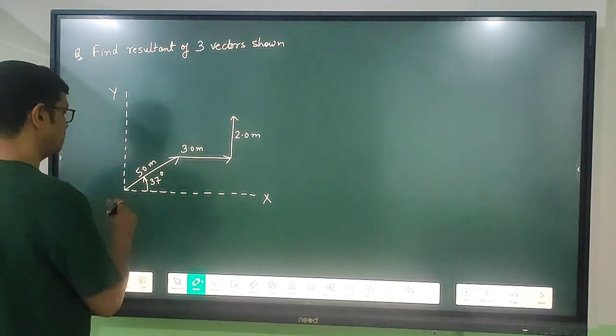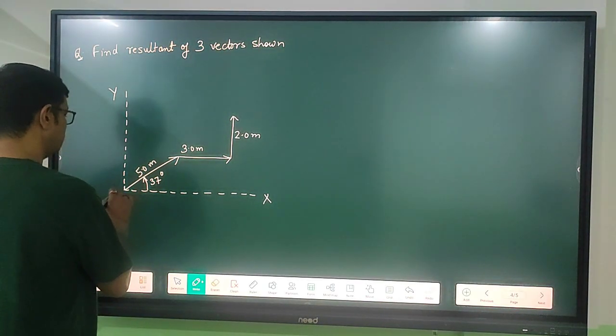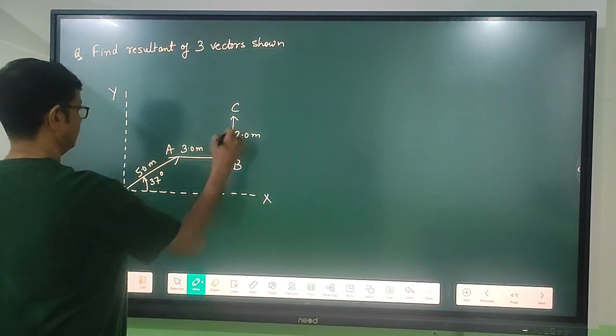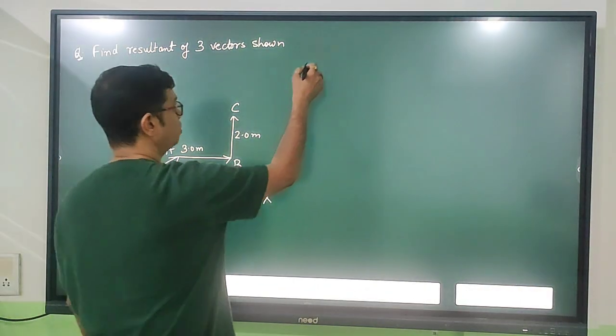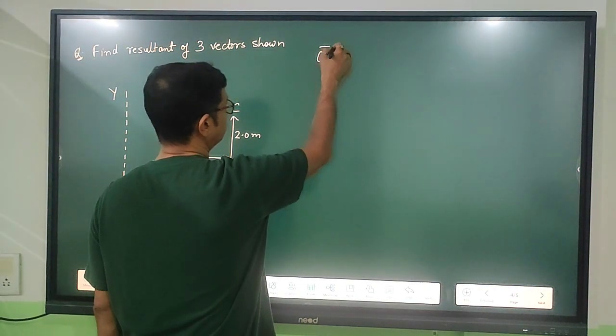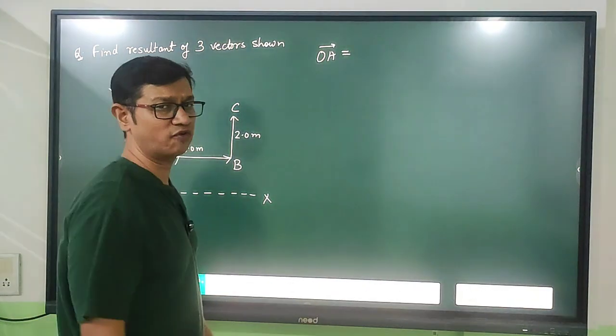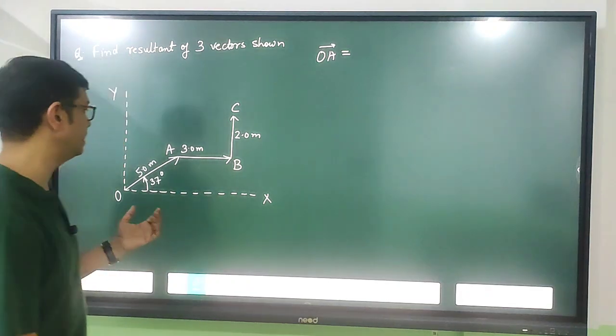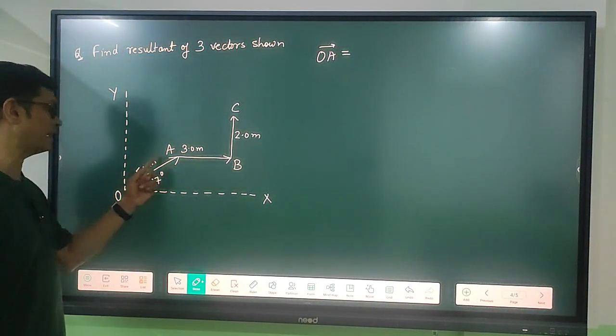So let's give them some names. Let's call this point O, this point A, B and C. So first we will write the OA vector. Now I'm going a little fast because by now you might have got some idea or some hang of the resolution of vectors. So let's just go a little quickly. OA. So OA magnitude is 5.